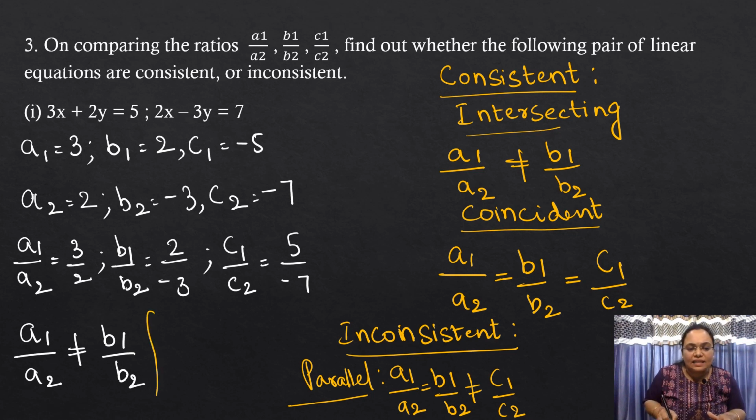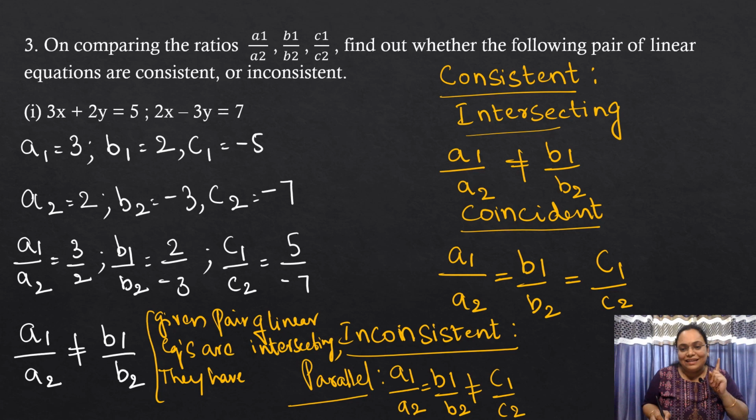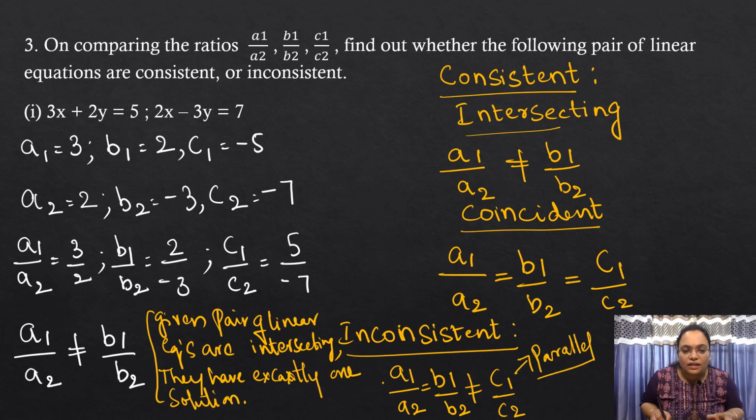So we can say that the given pair of linear equations are intersecting, they have exactly one solution, therefore it is consistent.